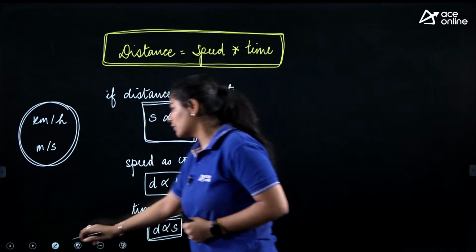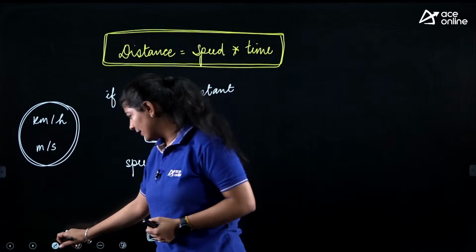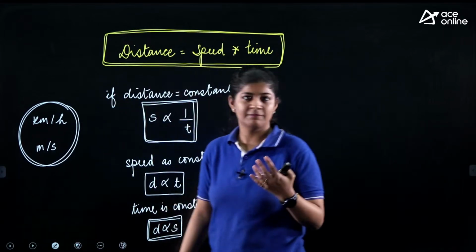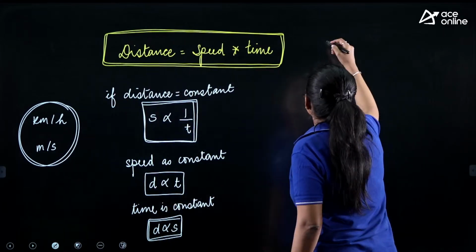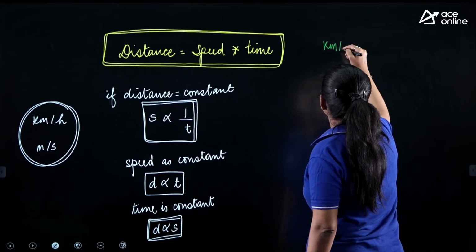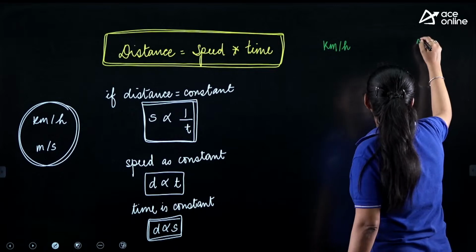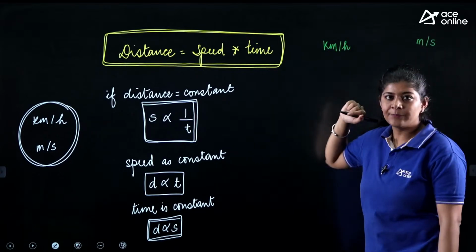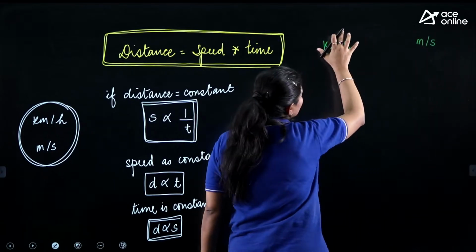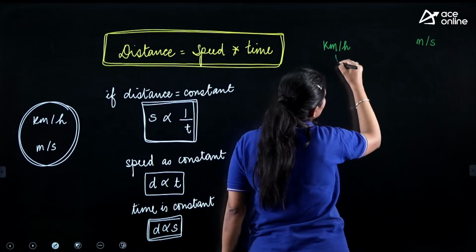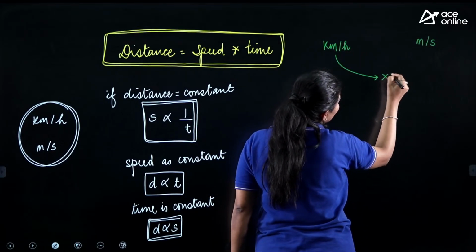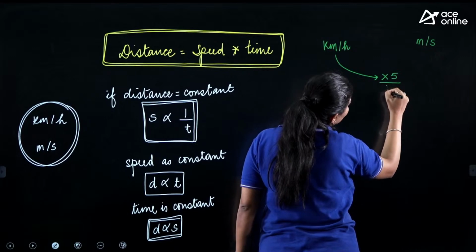So now the question arises, how to convert it. I really hope that most of the students are well aware of this. Kilometer per hour is a bigger unit and meter per second is a smaller unit, right? If you want to go from a bigger unit to a smaller unit, you need to multiply by the smaller number and divide by the bigger number.